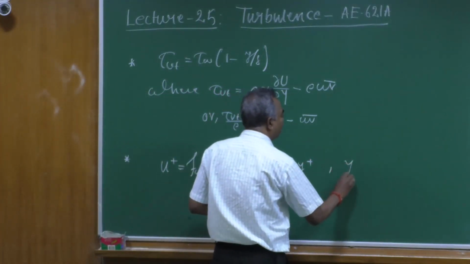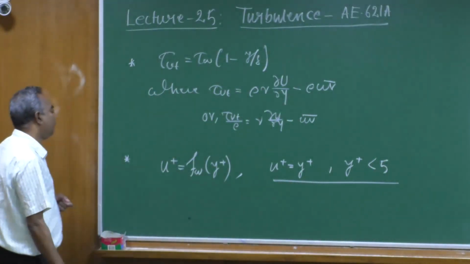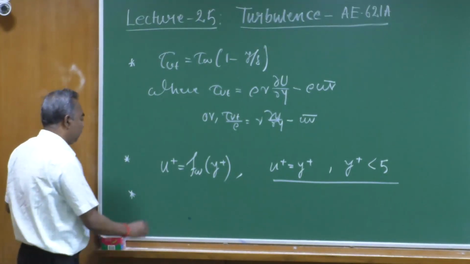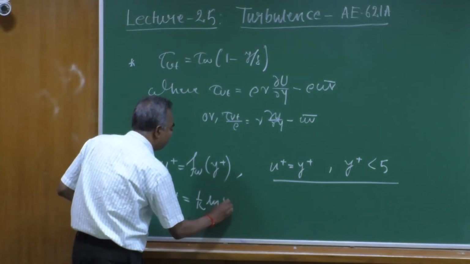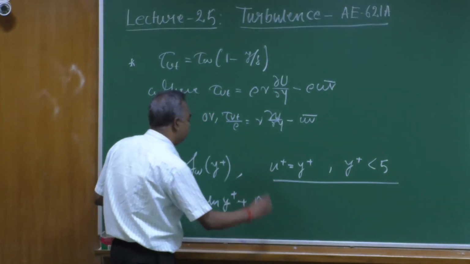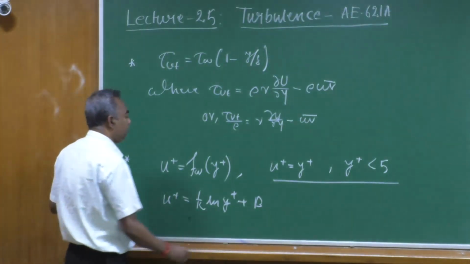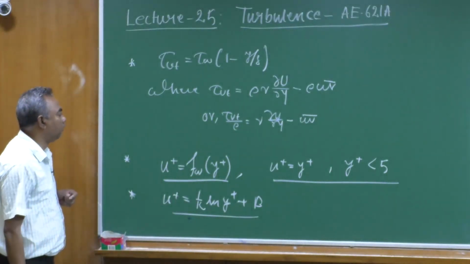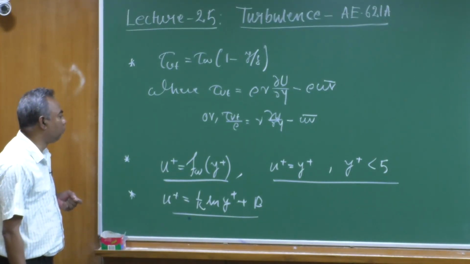Then we also found the log law, that is u plus is equal to 1 by kappa ln y plus plus some constant B. So, this is our log law. These are the main things we have discussed, along with how the Reynolds stresses vary very close to the wall.